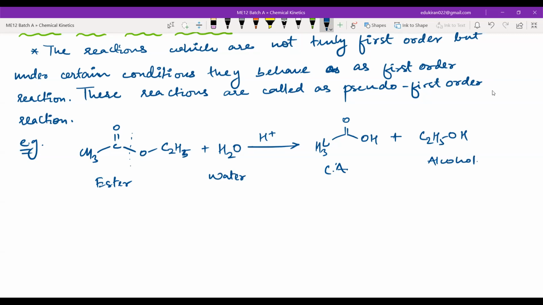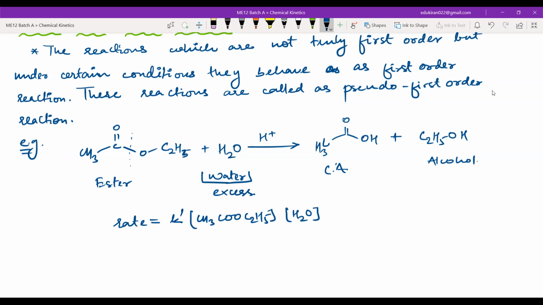Now, hydrolysis of ester is one of the examples of pseudo first order. What happens? The water is present as solvent and it is in excess. Now, when this is in excess, we write the rate as K into the concentration of CH3COOC2H5 into the concentration of water.